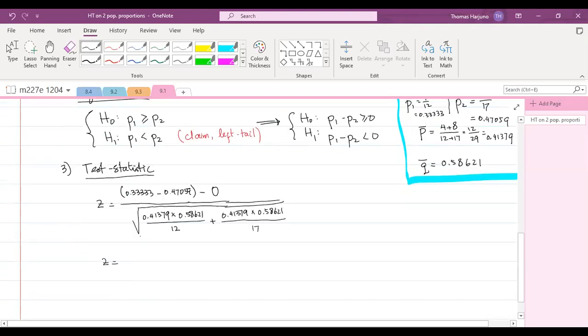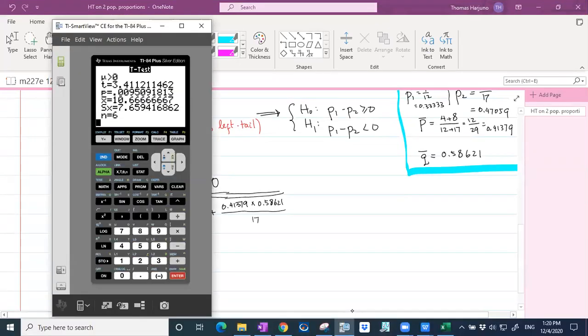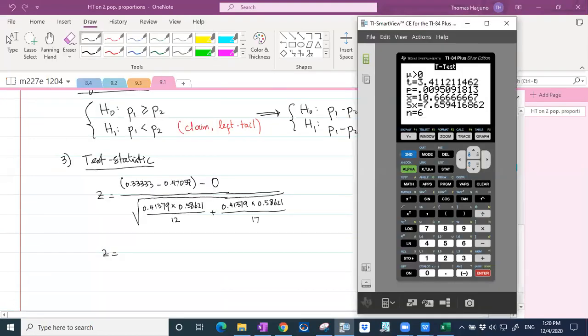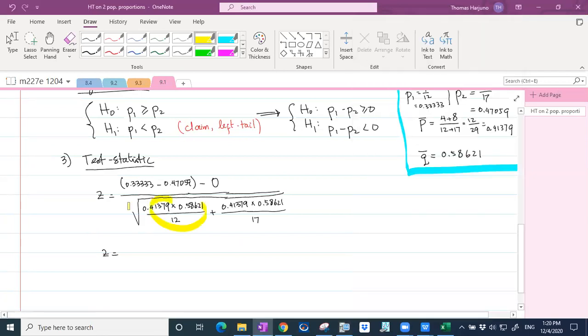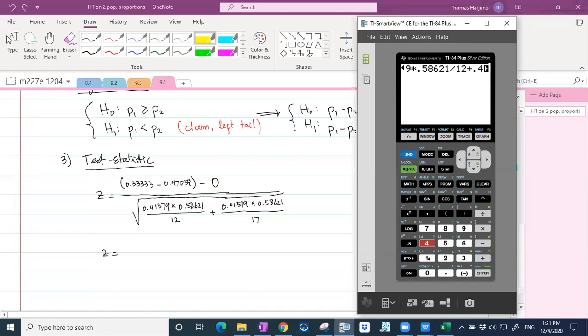Now, how to use the calculator? I will show you first how to use the calculator to compute this. Parentheses, 0.33333 minus 0.47059 minus 0, divided by the square root of 0.41379 times 0.58621 over 12, plus 0.41379 times 0.58621 over 17.